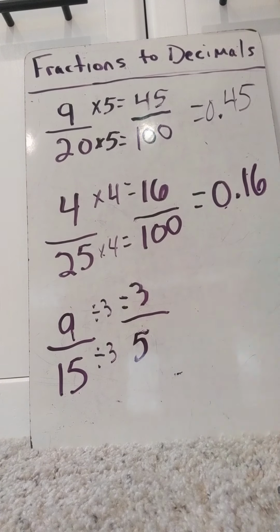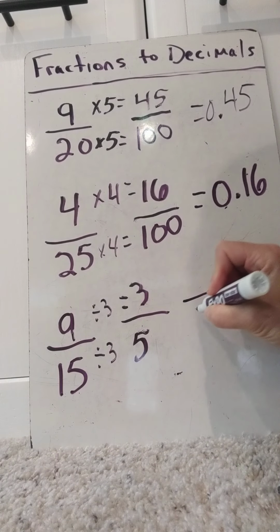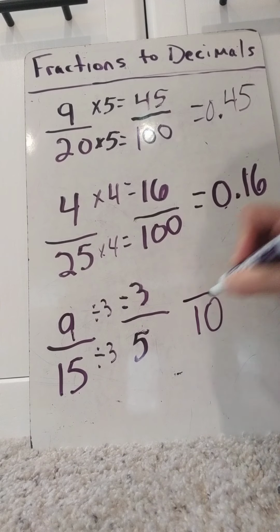Now, when I look at this denominator, is that divisible by 10 or 100? I have a 5. Sure is, right? And we can make that into, you could go to 10. Okay.